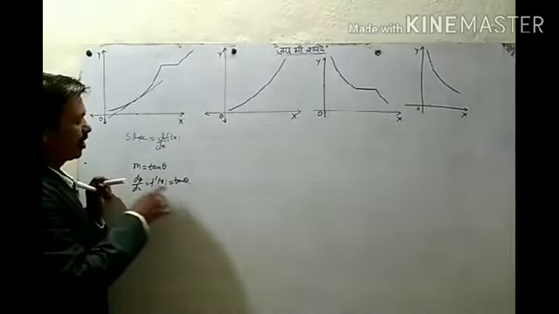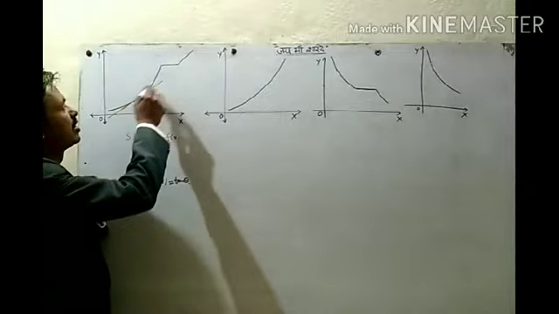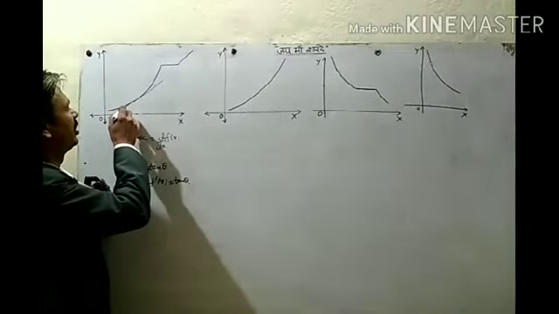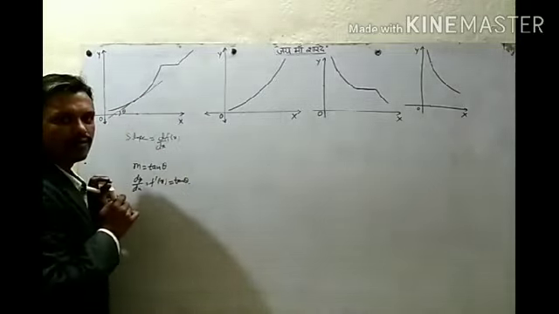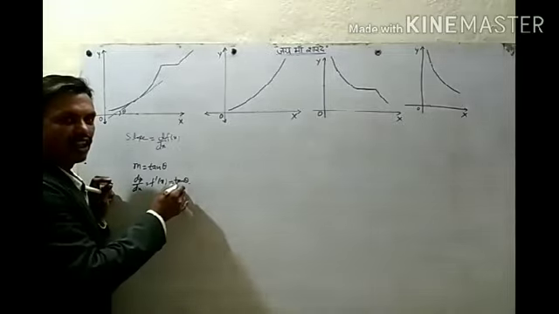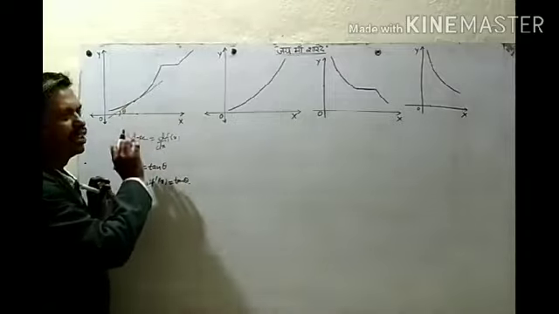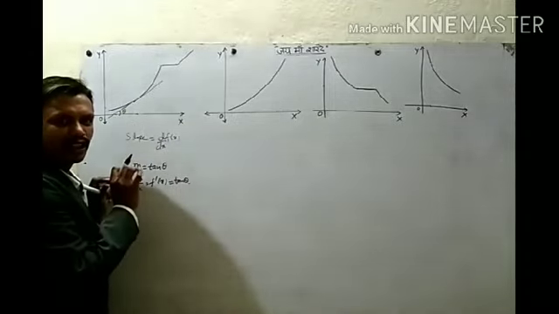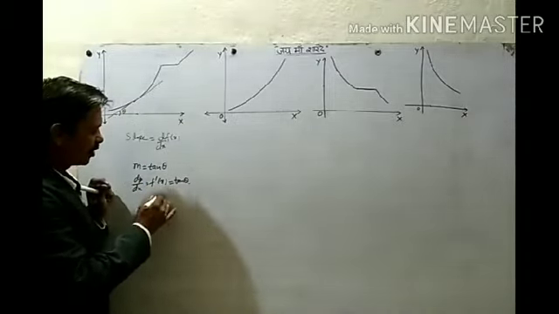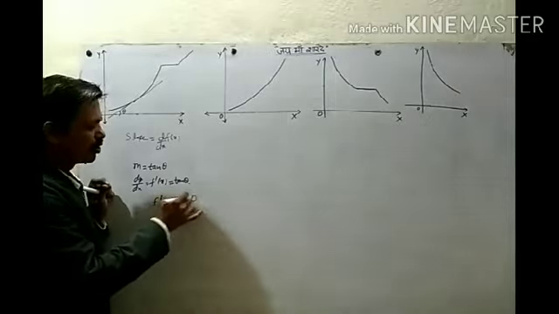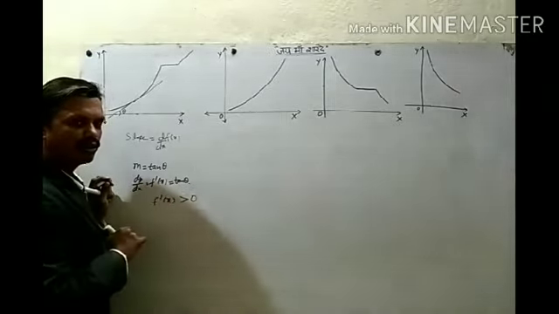Now what is the value of tan theta? In this case, your angle theta is acute. The value of tan theta will be positive. In the first quadrant, tan is positive. So f dash of x will be more than 0. Tan theta is more than 0.